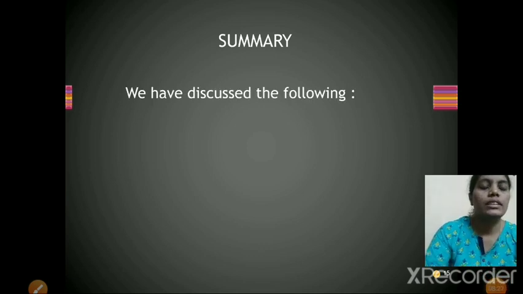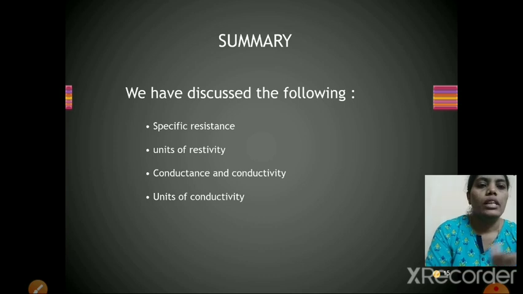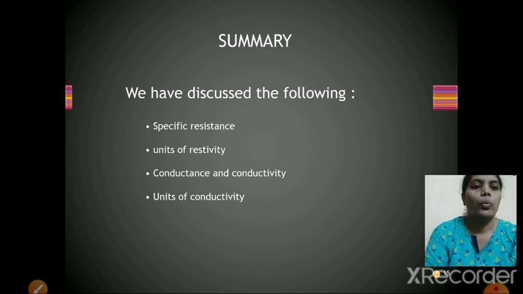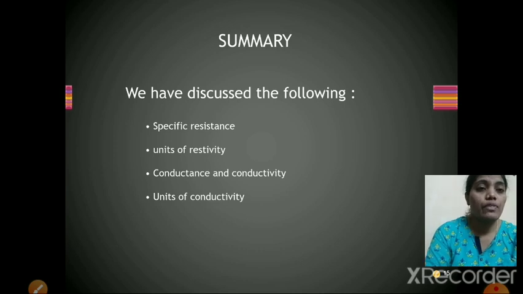So what we discussed in this session, we have discussed about specific resistance and its unit, conductance and conductivity and their units. The reciprocal of specific resistance is specific conductance or conductivity, which is expressed by sigma.